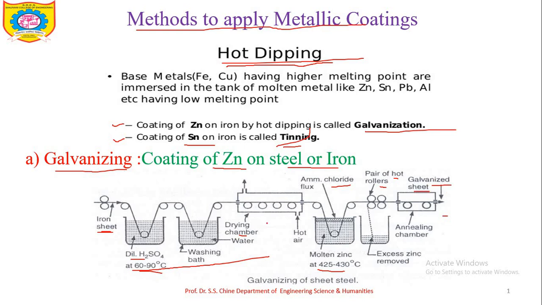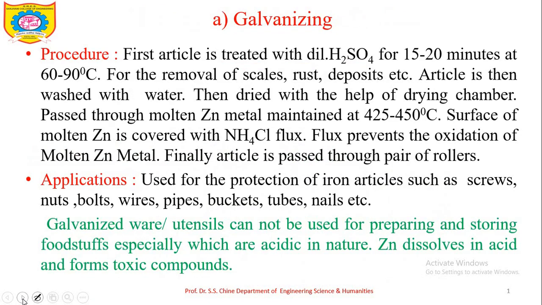So this is all about the galvanizing process, that is, coating of zinc on the surface of iron or steel, and it is an anodic coating. Now the applications of this coating: it is generally used for the protection of iron articles such as screws, nuts, bolts, wires, pipes, buckets, etc. These are small articles that can easily be galvanized.